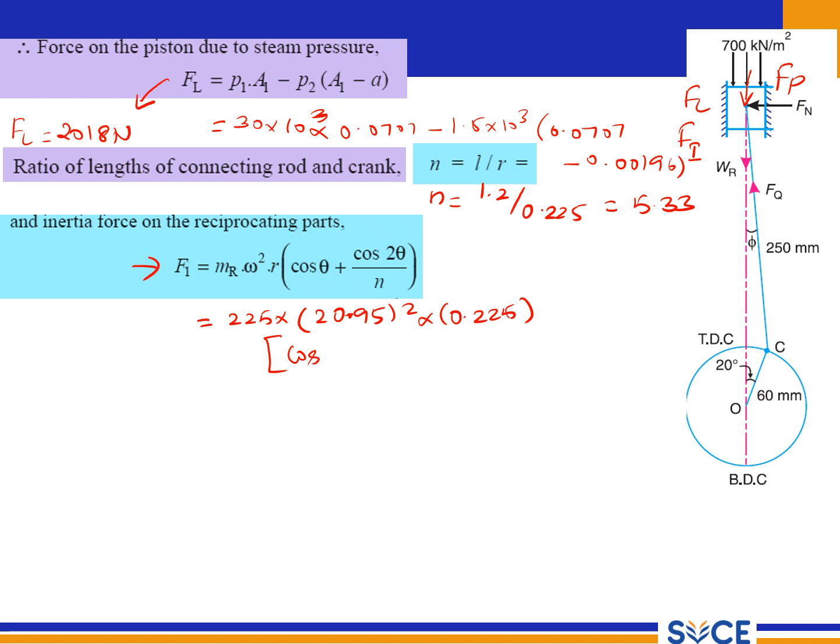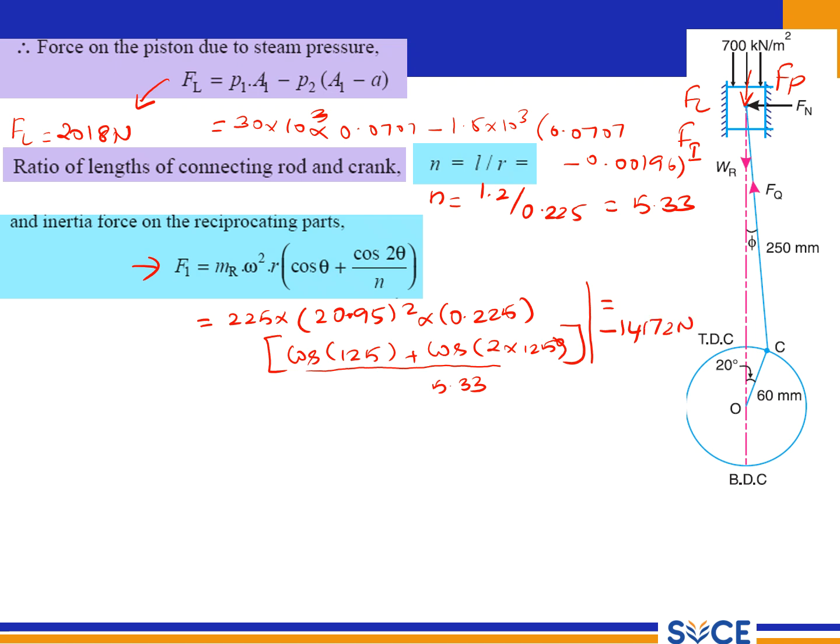It is going to be 125 degree, plus cos 2 theta, 2 into 125 degree, whole divided by n. n is 5.33. So on the calculator, if you are putting this, calculating it and getting the answer, it is in the form of negative, minus 14.172 Newton. From the calculator I am writing this.